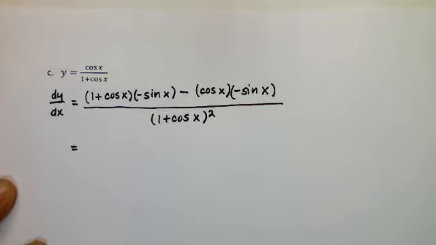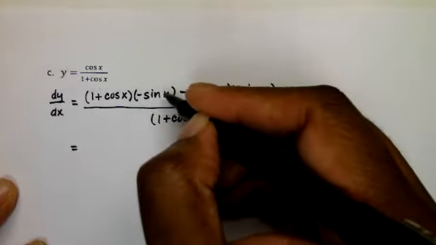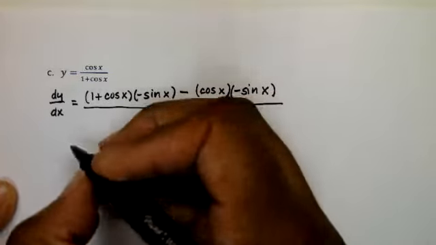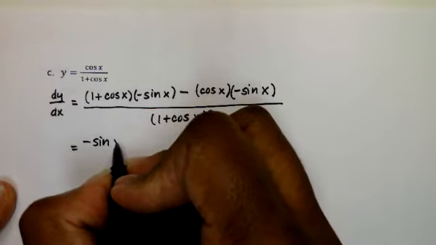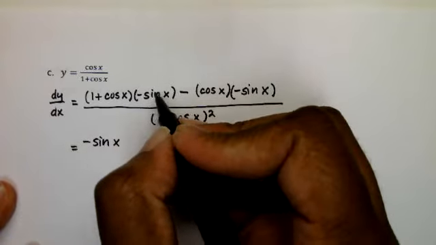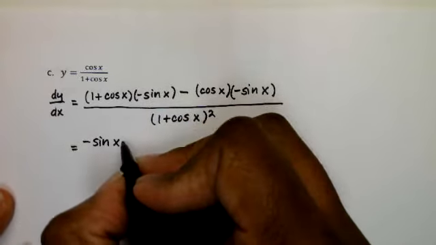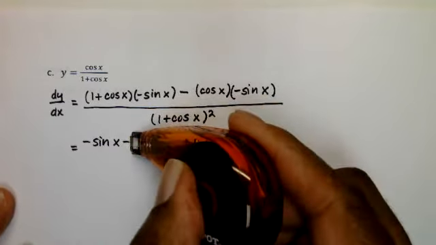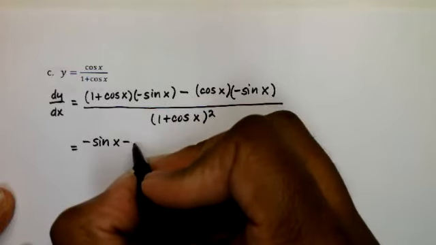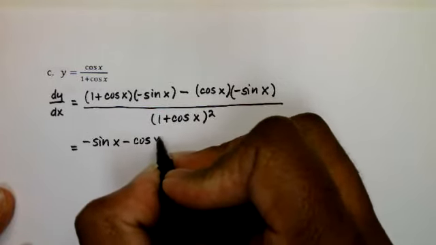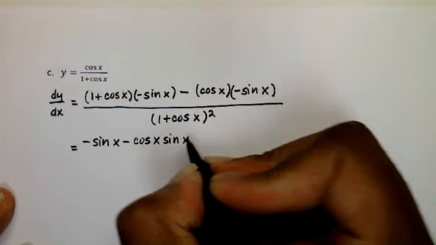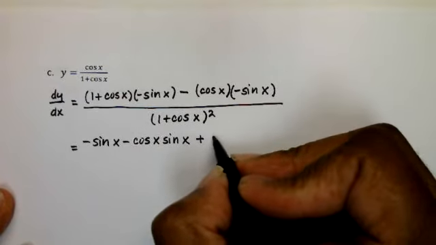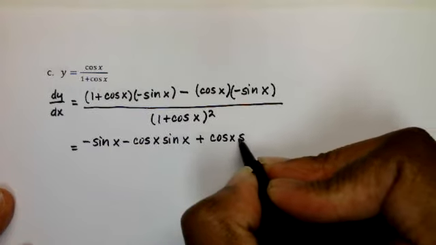Next we'll simplify this if we can. Distribute that negative sine x over the 1 plus cosine of x. Negative sine of x times 1 is negative sine x, and negative sine x times plus cosine of x would be minus cosine x sine x. I like the cosine of x in front. Minus a negative makes that a plus, and then cosine of x, sine of x.